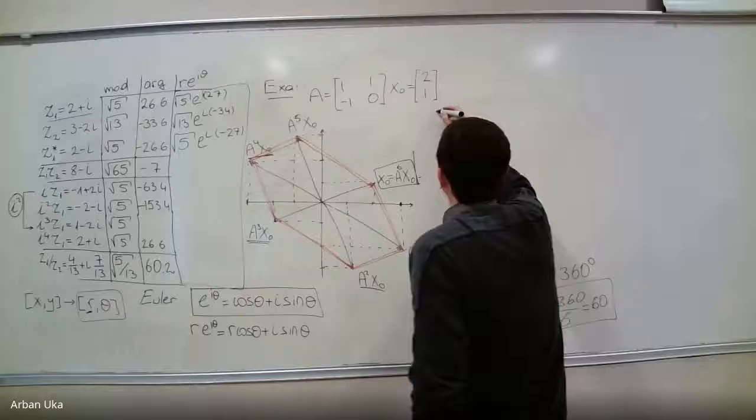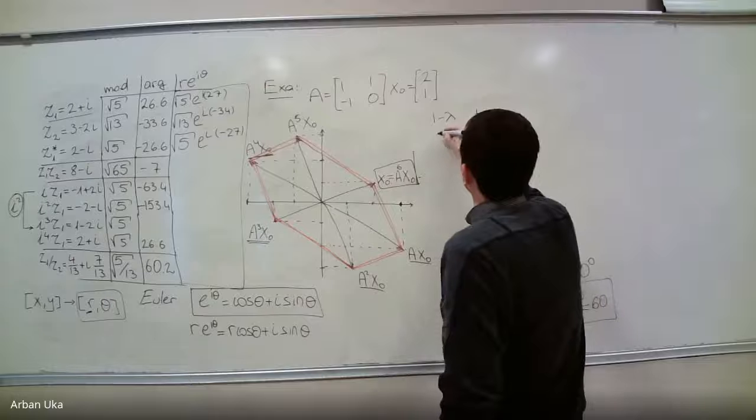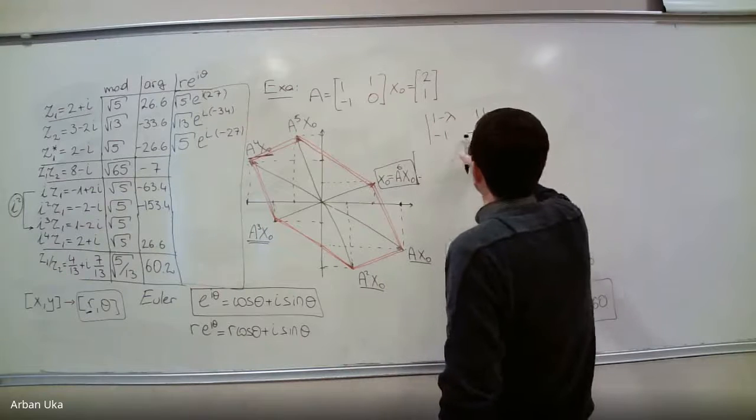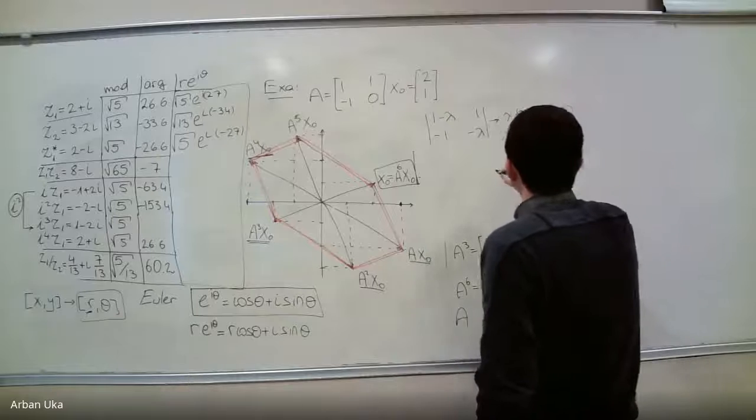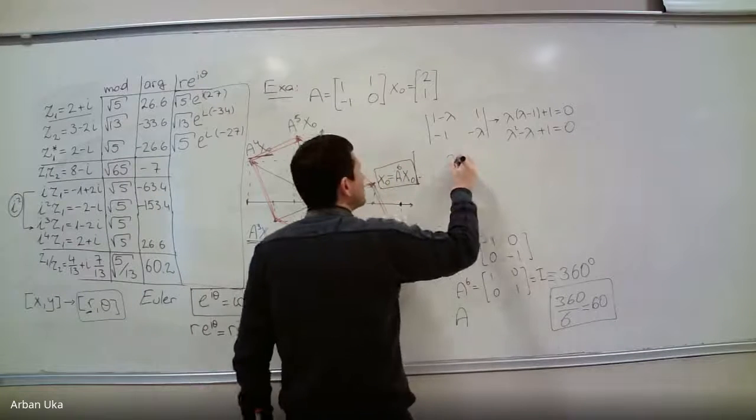Okay, we first find the determinant, and then it should be equal to 0. We find the determinant of this matrix, right? Yeah. So then we do 1 minus lambda times minus lambda plus 1 should be equal to 0. And then what is lambda?